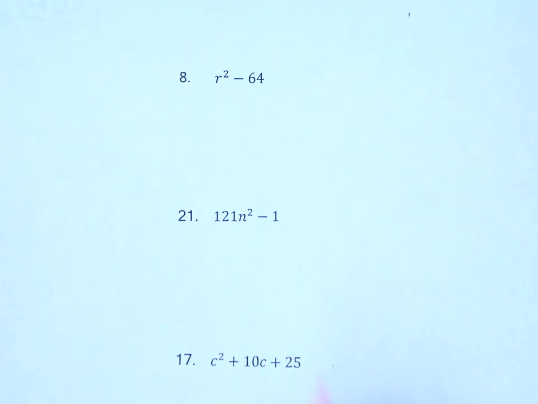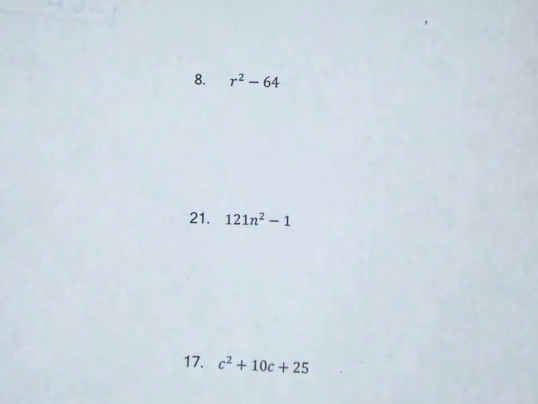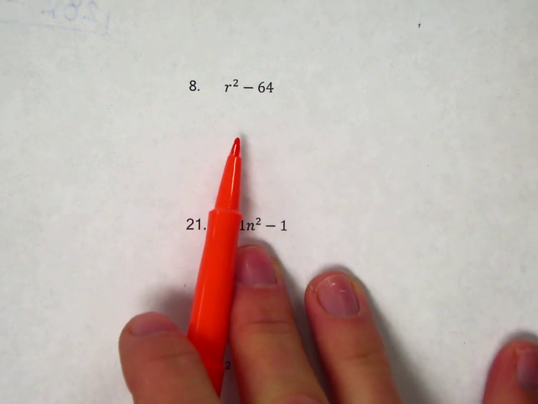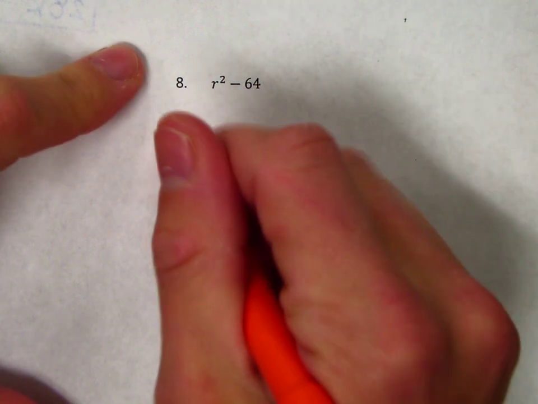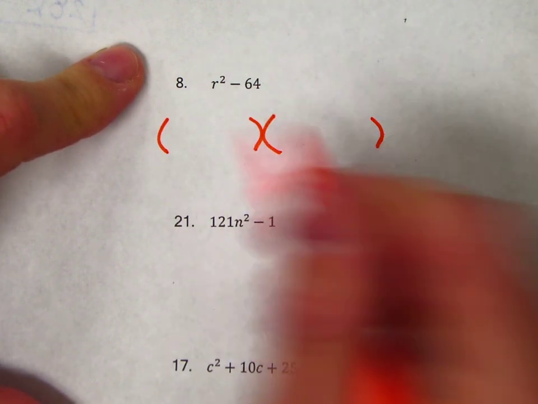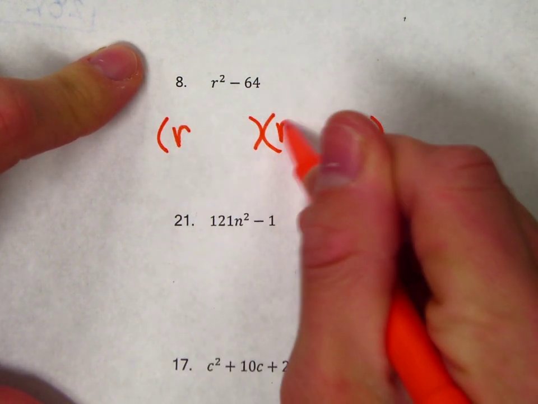All right, when you're looking at the back, there's just some more factoring. If you look at these ones with two terms, those are your difference of squares, okay? Your difference of squares are still going to follow the same rule. All right, so remember, difference of squares, you open it up. This is going to be r and r.